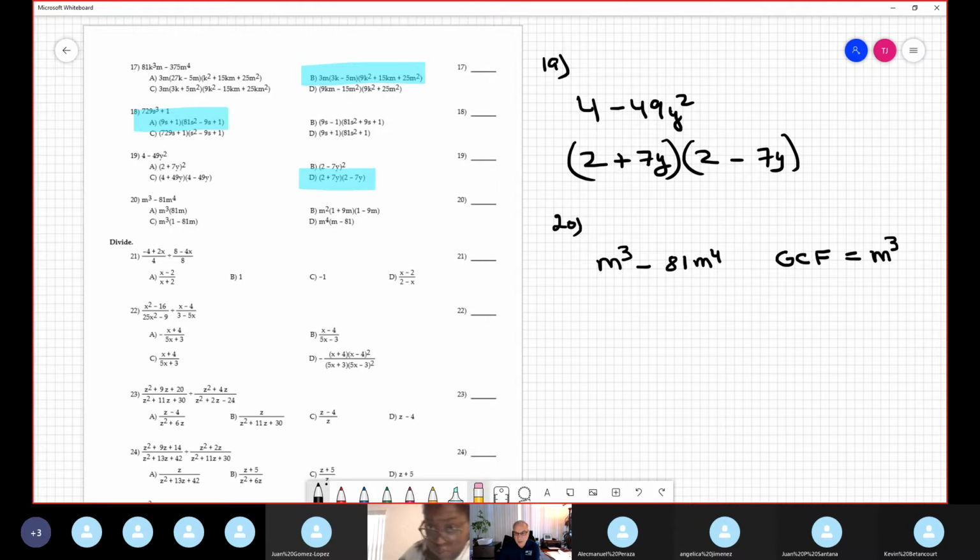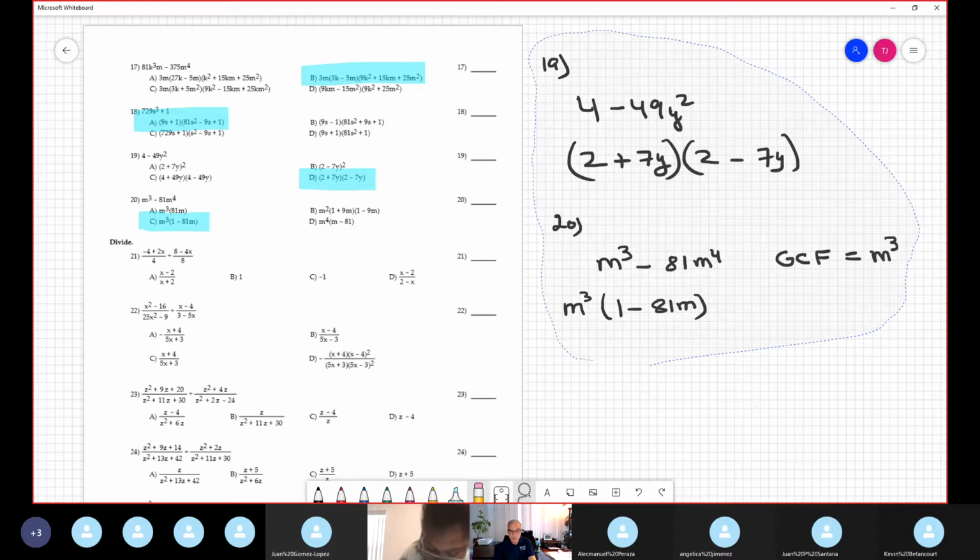Remember, the GCF is easy in the variable part because you take the smallest power and you factor out m cubic, 1 minus 81m. And that's it, because the expression inside the parentheses is nothing special, no difference of cubes, no difference of squares. This is option C. So far, does everyone follow me? Questions?